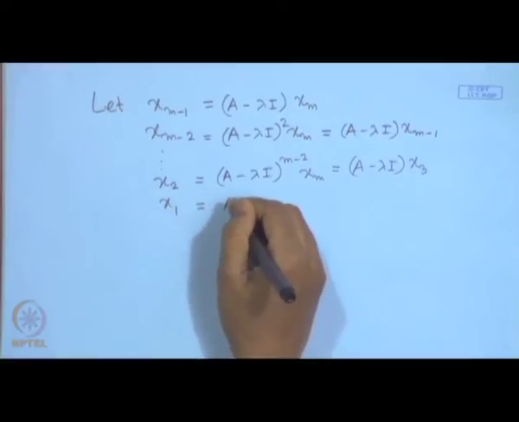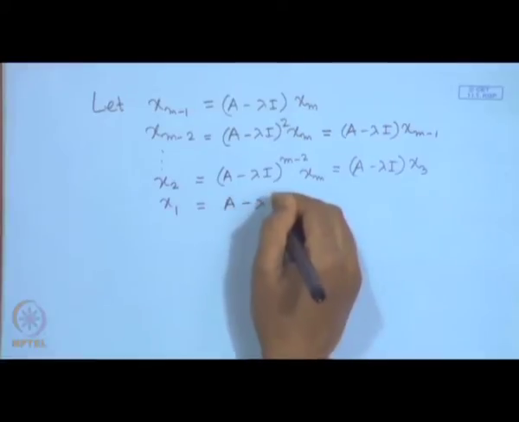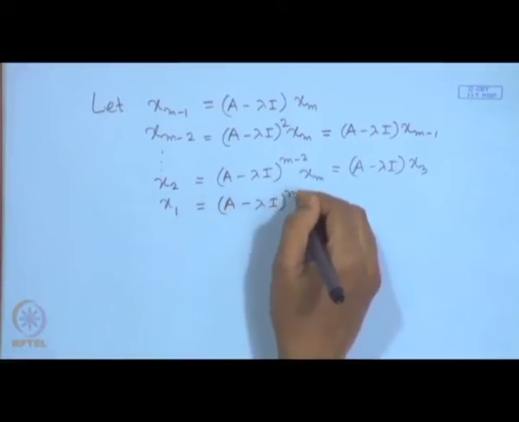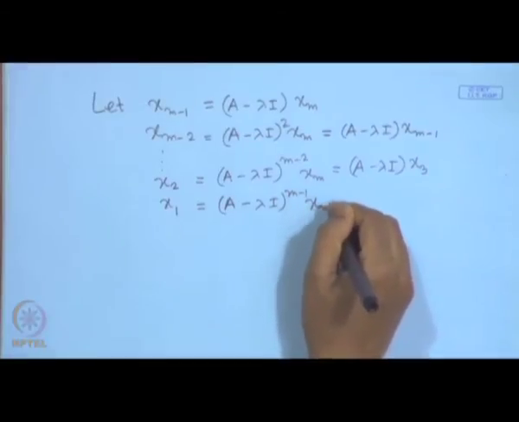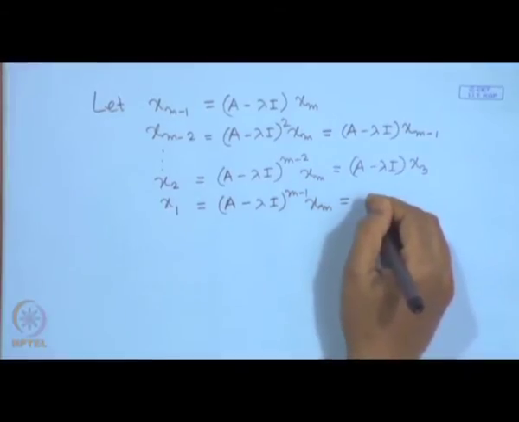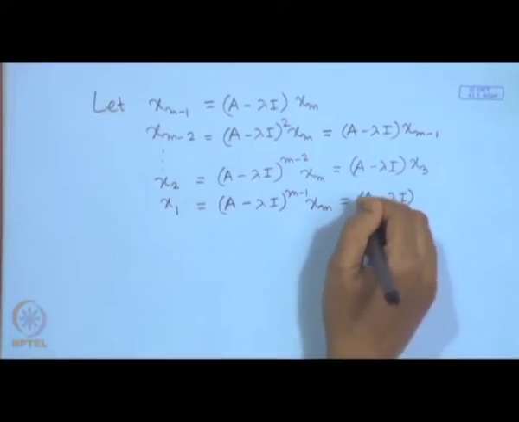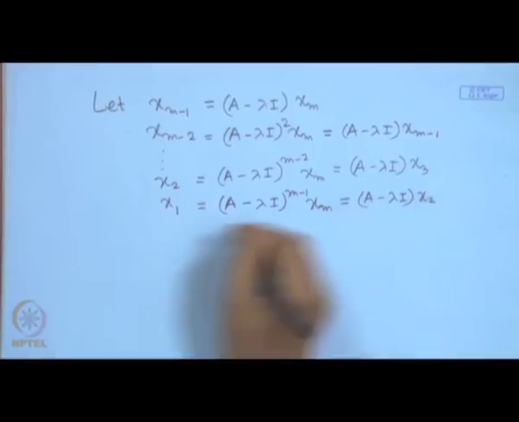x_1 is equal to (A - λI)^{m-1} x_m, and that is equal to (A - λI) x_2.